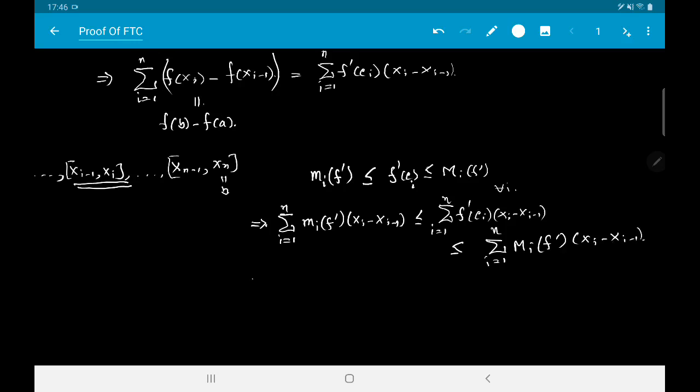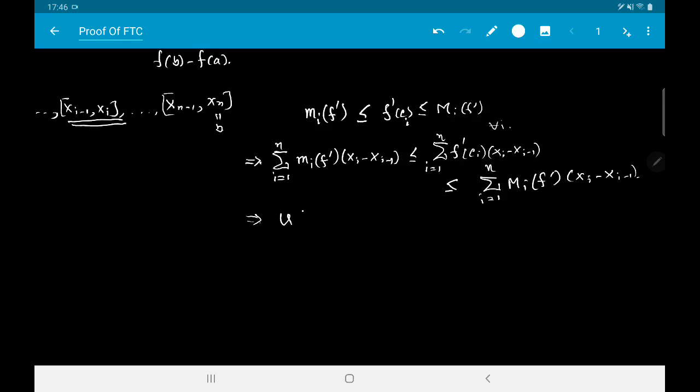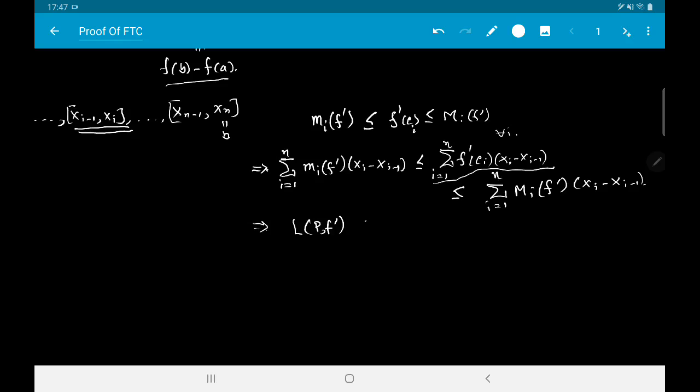Now what is this quantity? This quantity is nothing but, with respect to the partition that we have taken, L(P, f prime) and U(P, f prime). The middle quantity we have seen is exactly equal to f(b) − f(a).